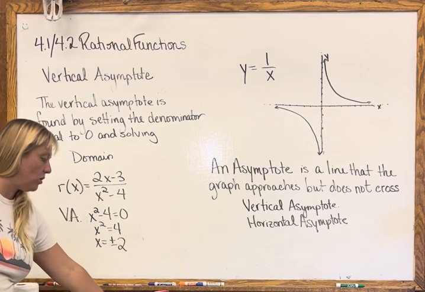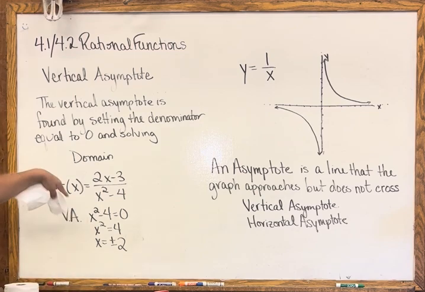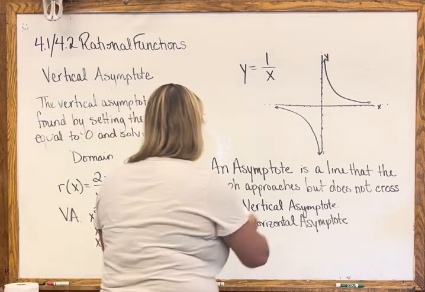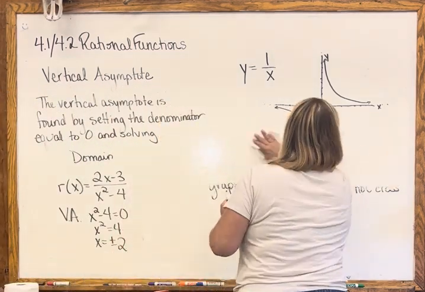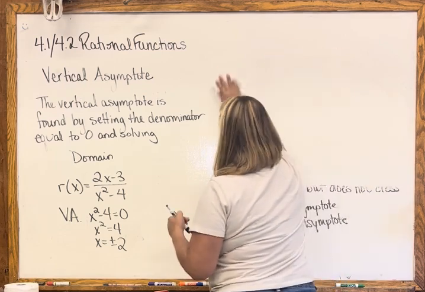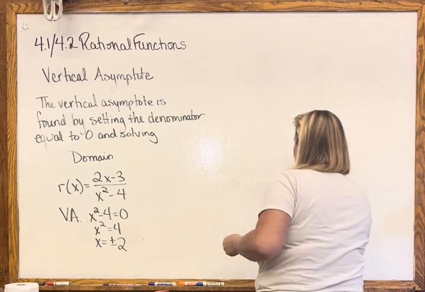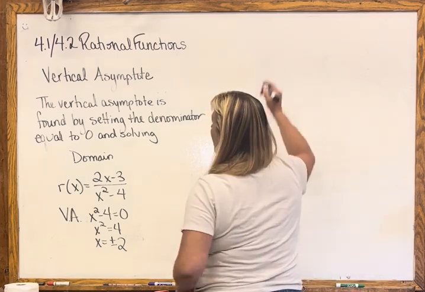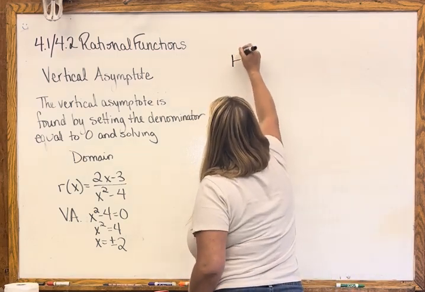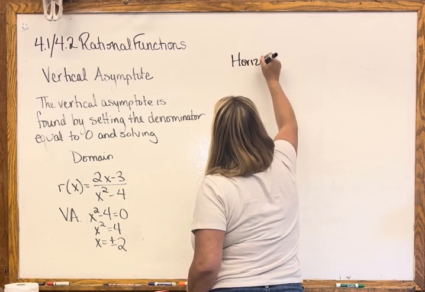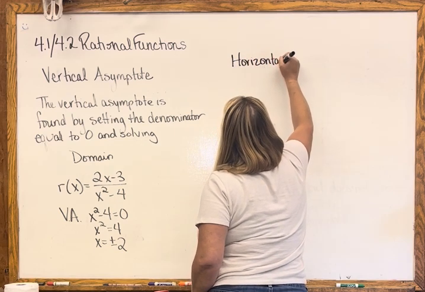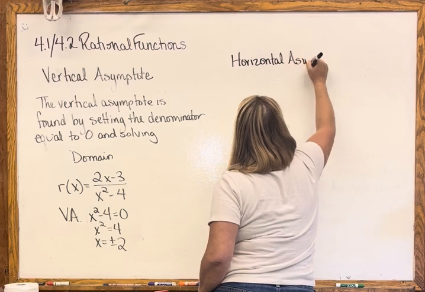So let's look at the horizontal, and then we will look at some of these examples here. Okay. Let's erase this. And then we'll get right into graphing. We just have to get these asymptotes taken care of, and then it's on to graphing. Okay, so horizontal asymptotes.